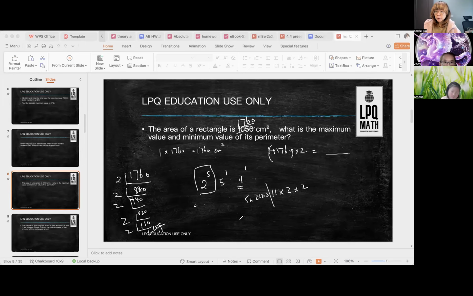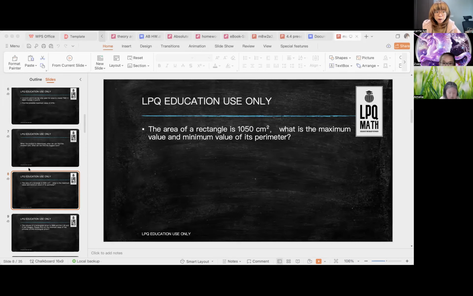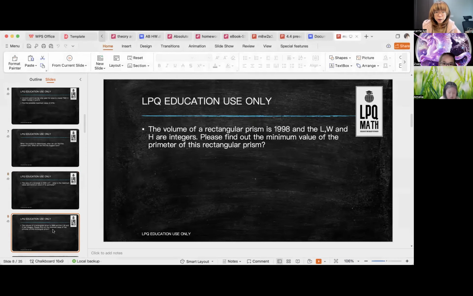Get it? So make them close to each other. So this one is 40, this is 44. So I think that is the smallest possible difference. So (40 plus 44) times 2 equals the minimum of the perimeter. Understood? Okay, so let's take a look at the next one.